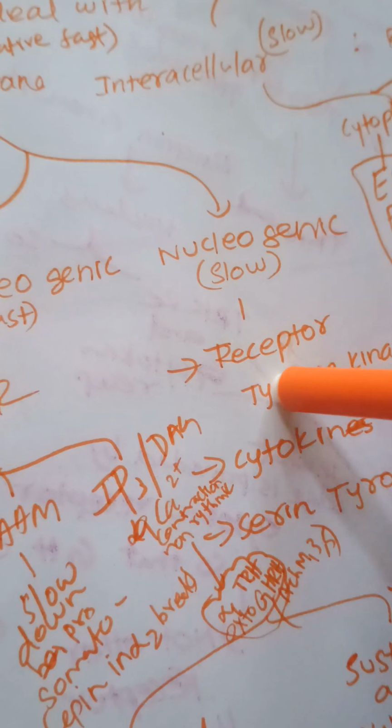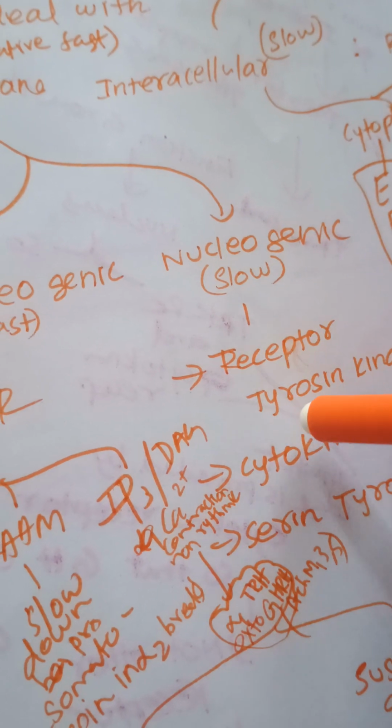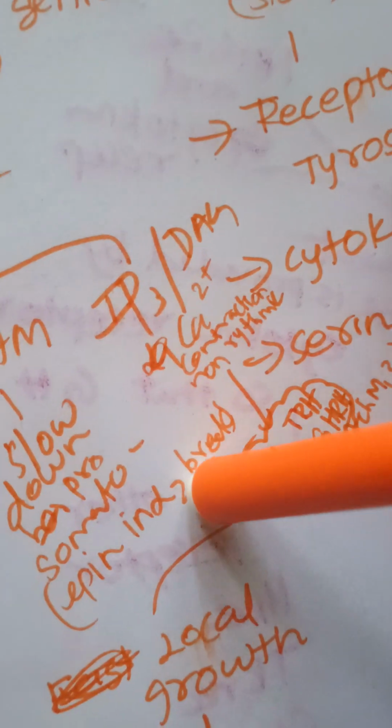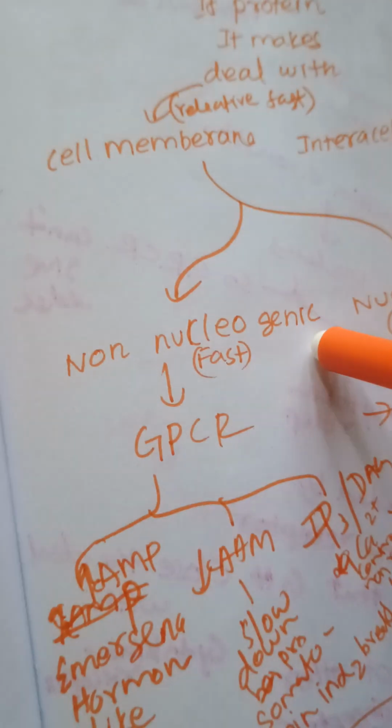The receptor tyrosine kinase provides hormones for growth, local growth.